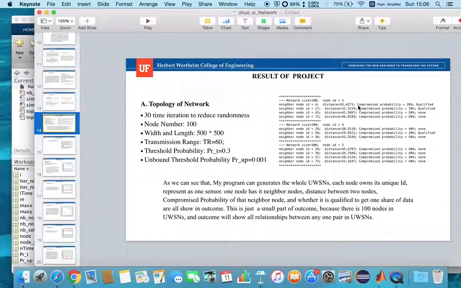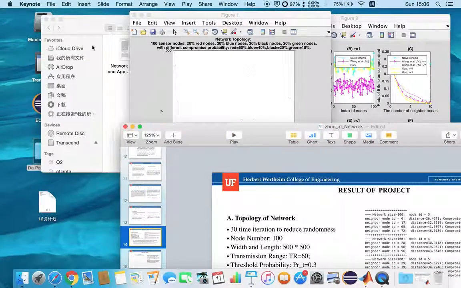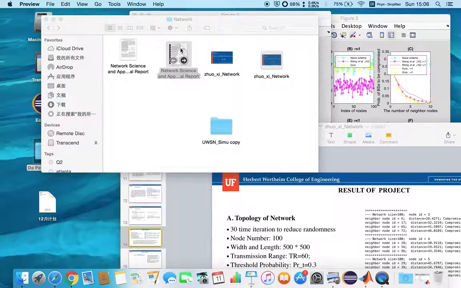In our network, I will create nodes with different compromise probabilities. You can see what's shown in my report.